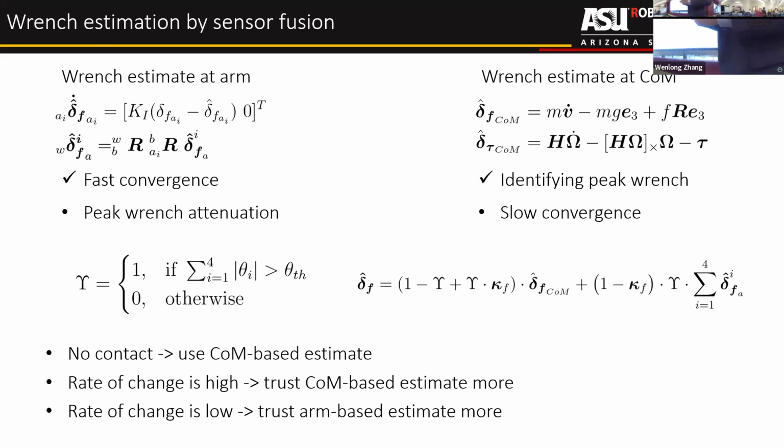But when there is a contact and the wrench estimation from here changes very fast, then we use that, because we really want to make sure we know the timing. The moment it happens, we want to use that and identify when that happens. And when the rate of change is low, that's when we know the contact is becoming more like a steady state. Then we tend to trust this one more to help us figure out exactly what that value is. So that's the overall idea.